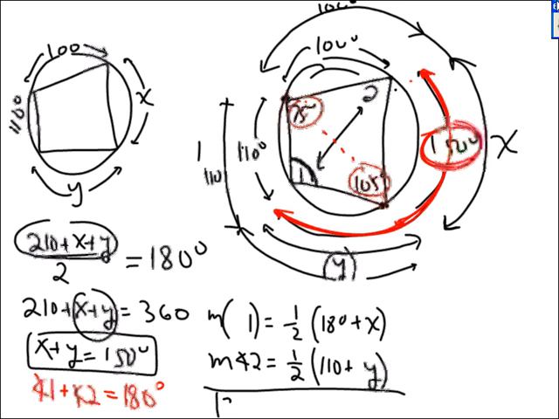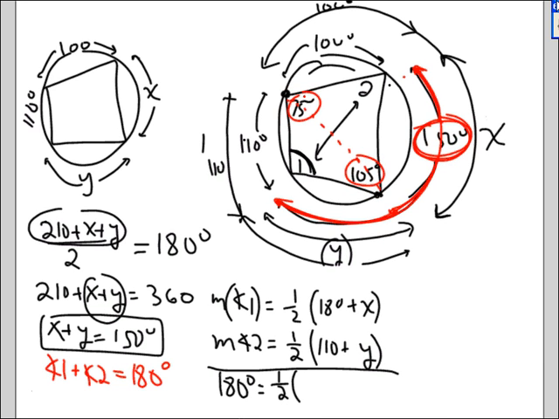When you add the left sides, you get 180, because the two angles are supplementary. When you add the right sides, you can factor out 1/2. Now I know angle 1 is wrong. I had 180 in my mind. It's 210 plus x plus y.